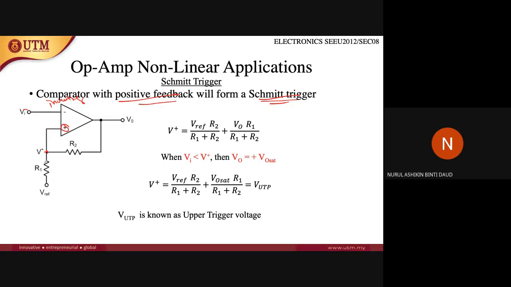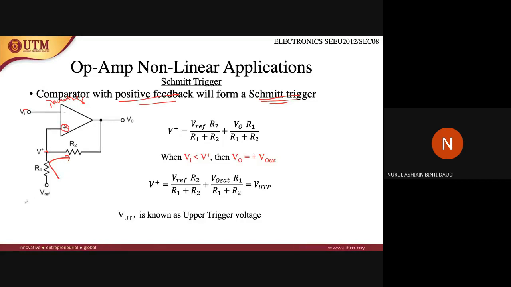For example, at this point, the I that flows through resistor R1 is the same as the I that flows through resistor R2, since there is a big impedance inside here.